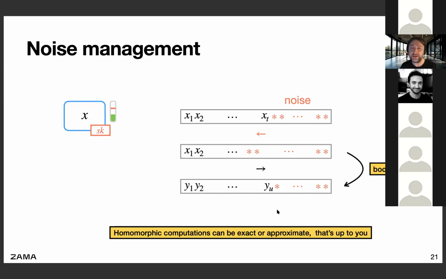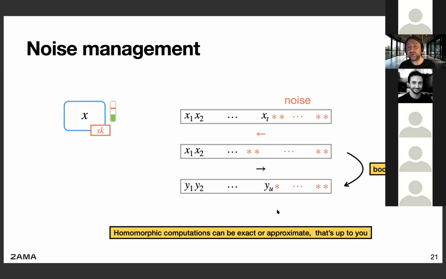A very important distinction as well is that the computations that you're doing can be exact, in the sense that there is never any approximation made. Your computation is absolutely correct all the time, or it can be approximate. And this makes sense when you think of numeric computations over real values, because very often you don't actually need to be perfectly exact.